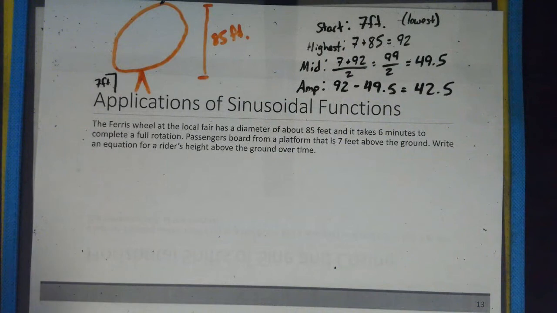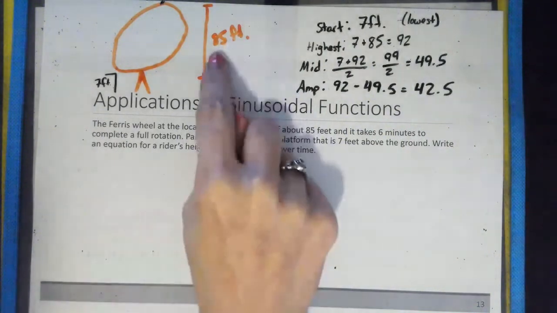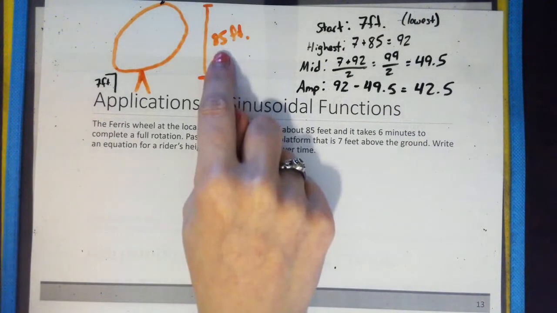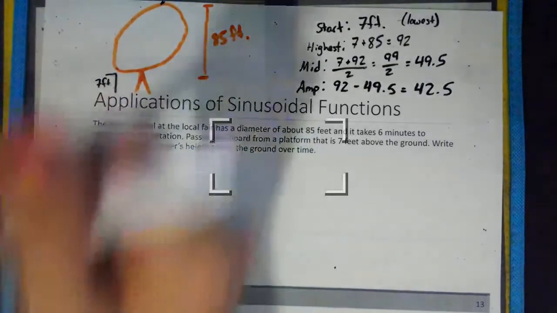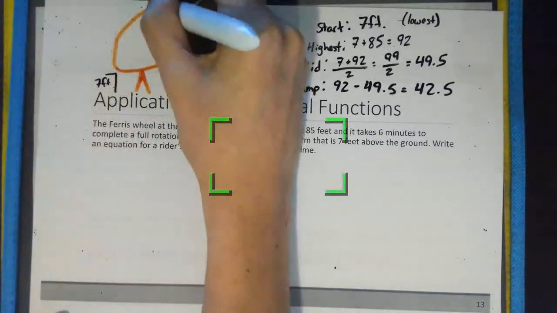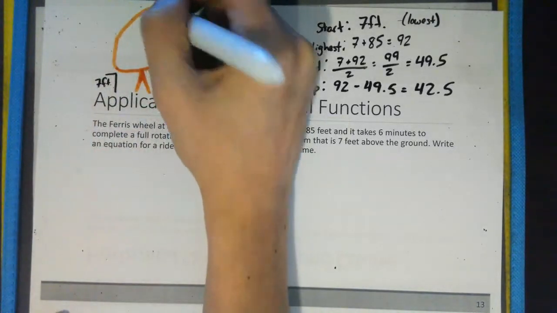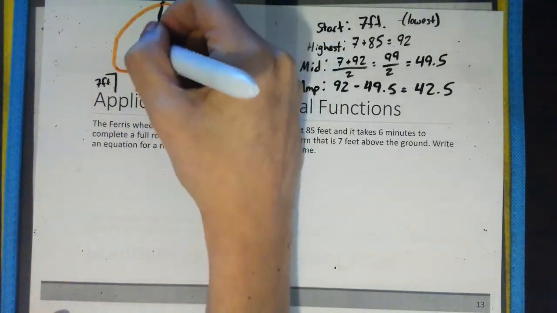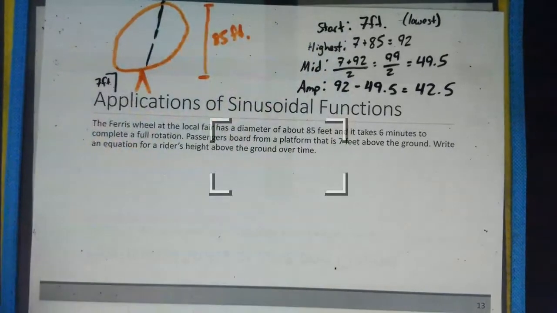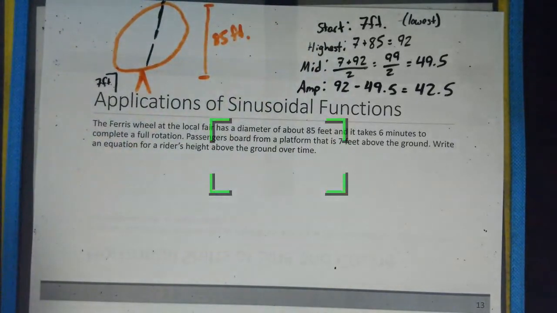And hopefully that makes sense because the amplitude is going to be half of the diameter. It's going to be the radius, because that's going to be the distance from the midline to the top and then the midline to the bottom. So we have an amplitude, we have a midline, we need a period.